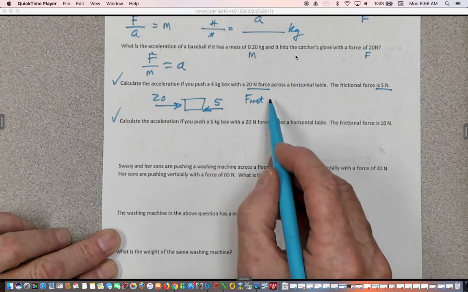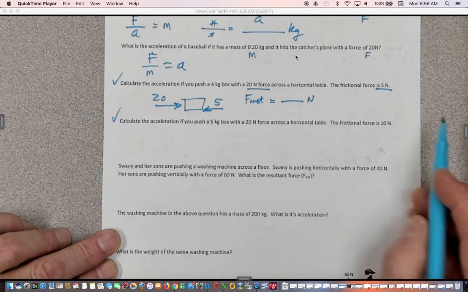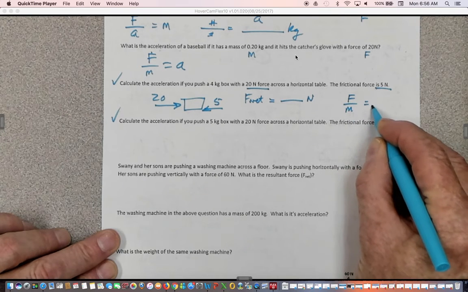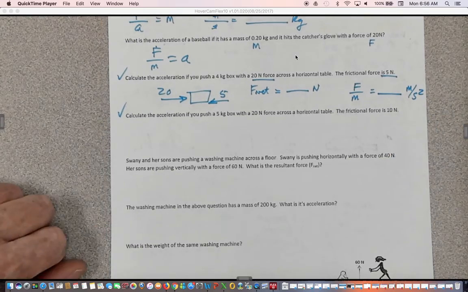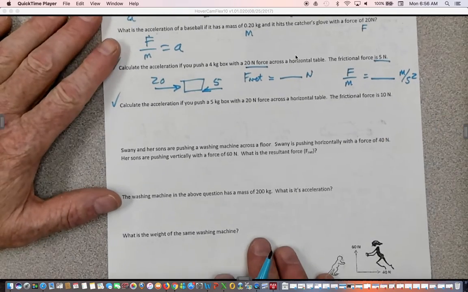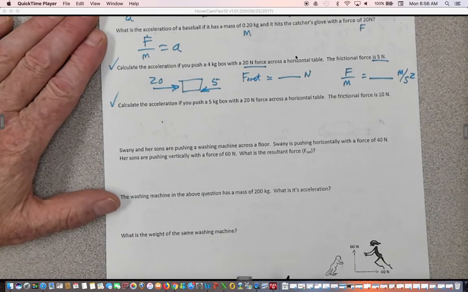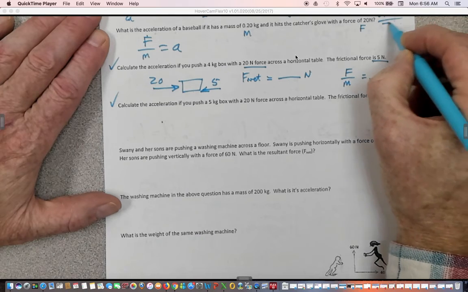Well, you're going to subtract those two, so get your net force in newtons, and then they want the acceleration. Well, F divided by mass will equal A, and the unit should be meters per second squared. Since I did this one, you can do that one. Remember, put units on your answer, units on all answers.